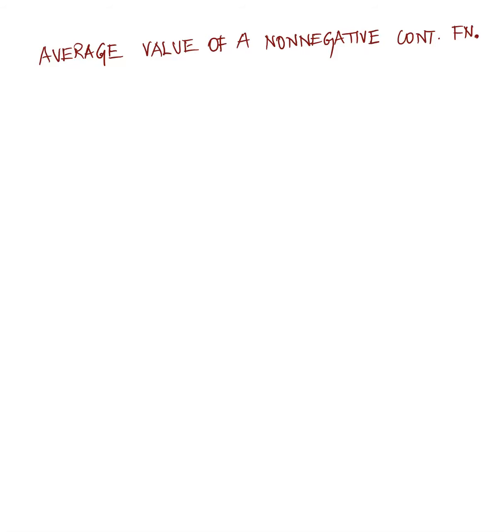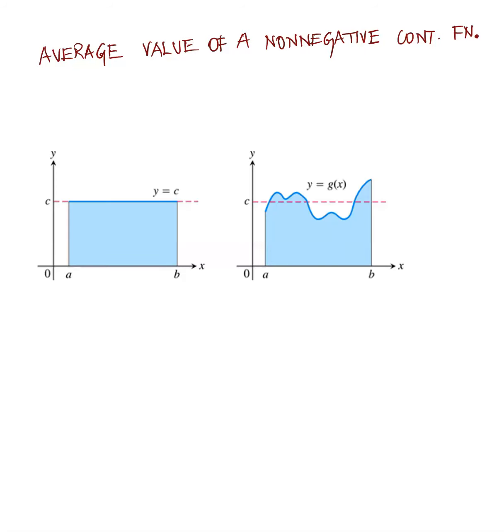So that's the whole idea that we're going to use here in finding the average value of a non-negative continuous function. As I mentioned, in this figure you can think of water sloshing. So you can't find the average height.